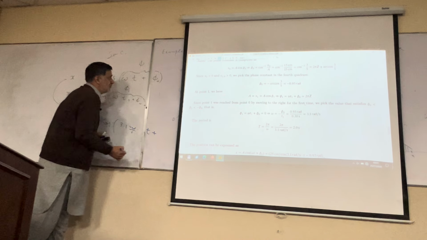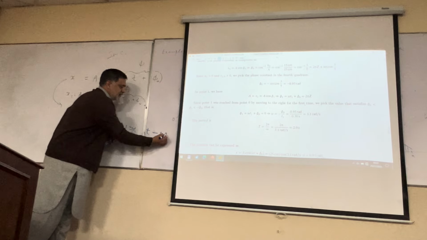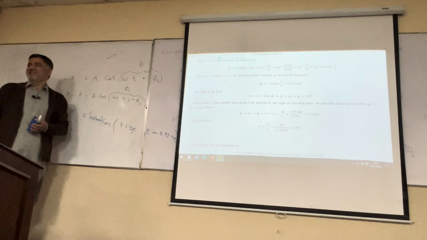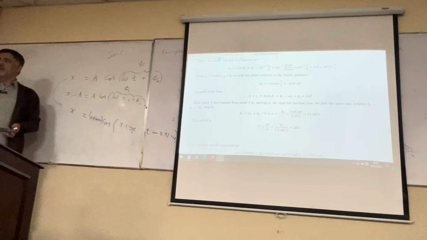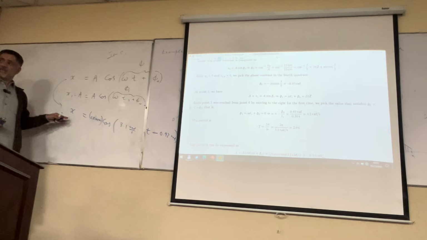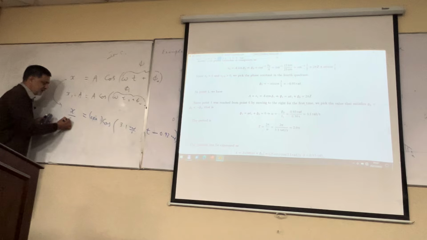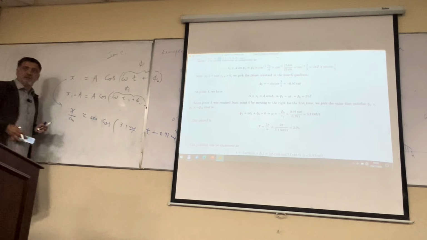Plus, what is phi naught? Minus 0.93 radians, right? But this is not very clean. We are supposed to plot x per centimeter, so let's bring that centimeter here so that this is a clean 25.0, right?